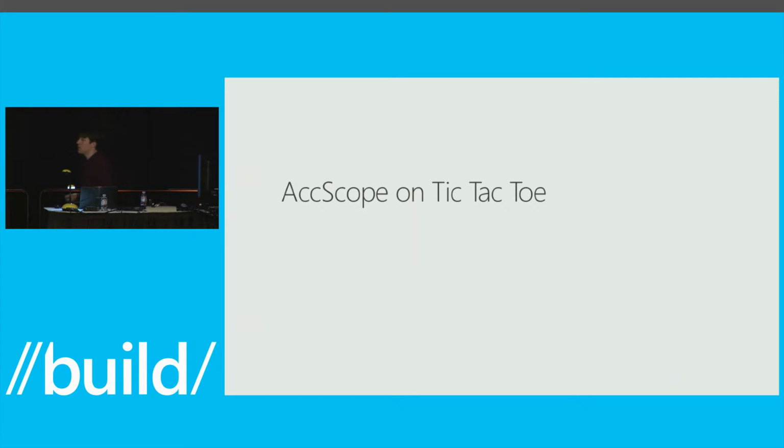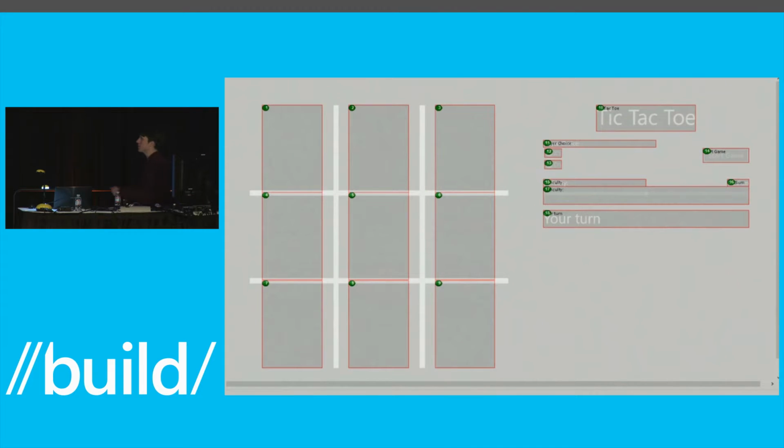The first tool I'm going to talk about is something called ActScope. ActScope allows you to visualize the accessibility data overlay of your app. It has a couple different modes, but one of the things you can do is get this overlay mode. I apologize, there's a number of transparencies on here. Contrast isn't great.